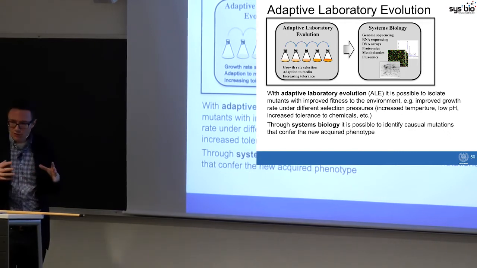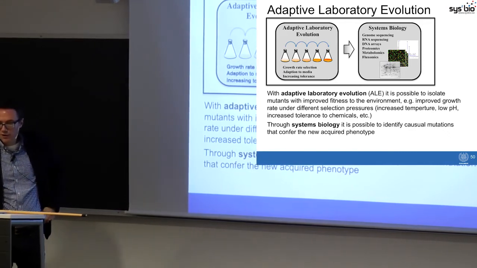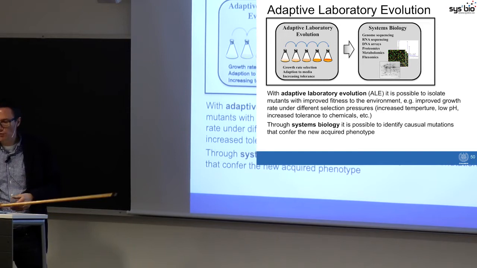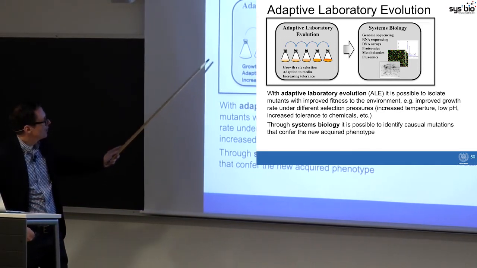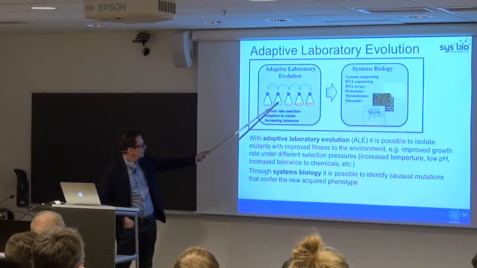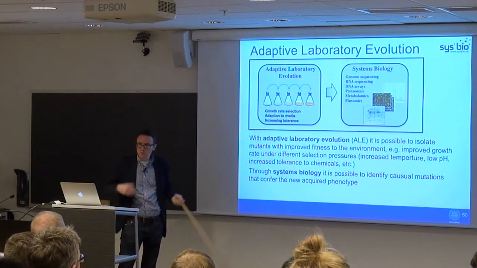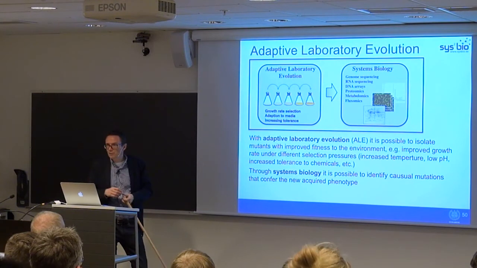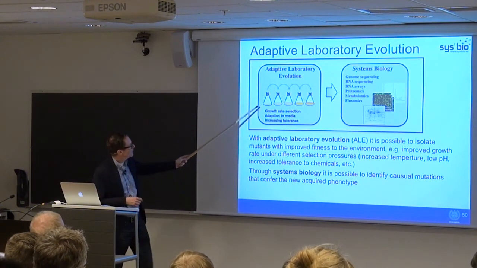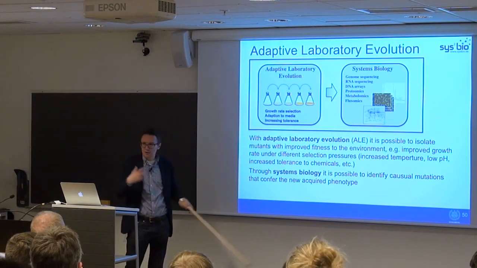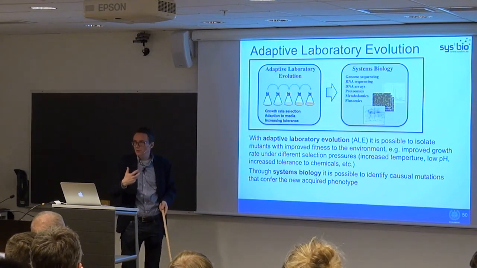And in order to get strains of different phenotypes, the concept of adaptive laboratory evolution has been quite powerful. With this approach, we expose cells to a varying environment. It can be, for example, higher temperatures or low pH or high salt stress or others. And then we select for strains or clones that grow faster at these conditions.